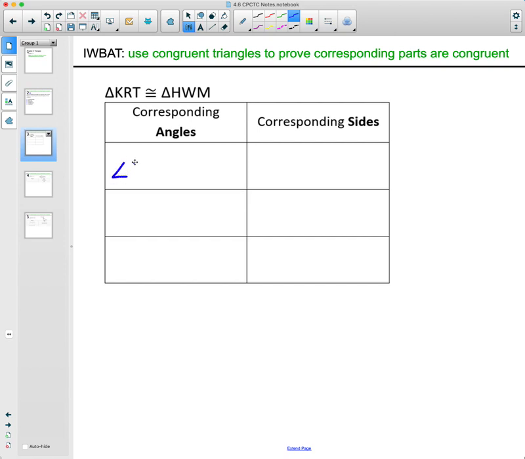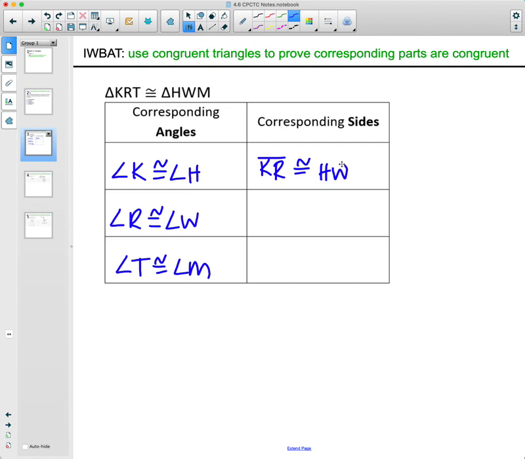For the angles, we know that angle K is congruent to angle H, angle R is congruent to angle W, and angle T is congruent to angle M. Then we also know that side KR is congruent to side HW, side RT is congruent to side WM, and side KT is congruent to side HM.